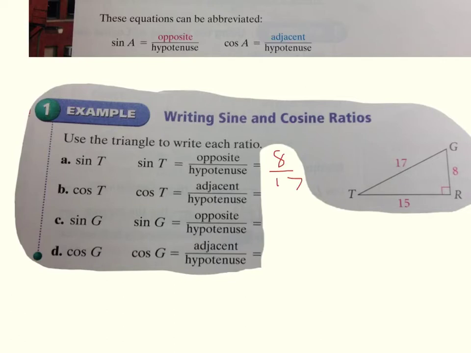For cosine of T, adjacent over hypotenuse, so that one's going to be 15 over 17. Sine of G, opposite over hypotenuse, which would be 15 over 17. And the last one for angle G, adjacent over hypotenuse, which would be 8 over 17.